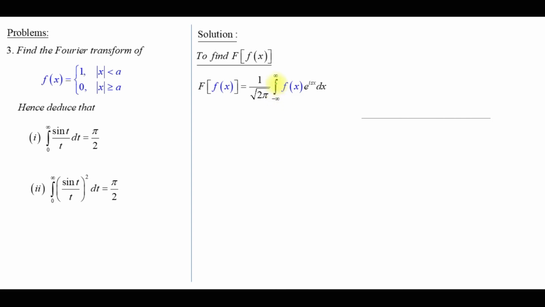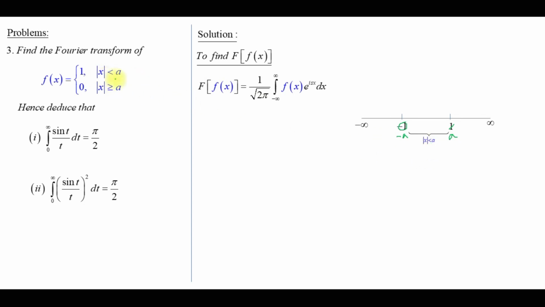The limit minus infinity to plus infinity is split into 3 parts, namely minus infinity to minus a, minus a to plus a, and plus a to infinity. So minus a to plus a is called mod x less than a.